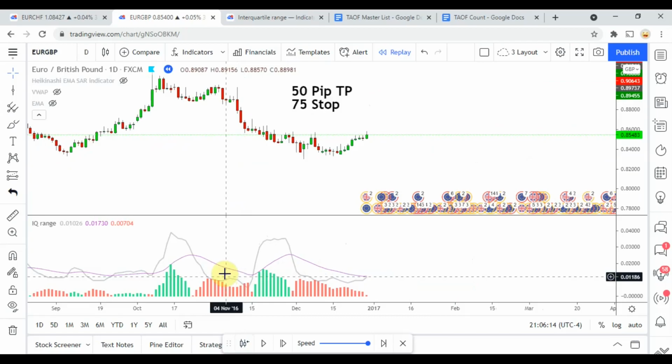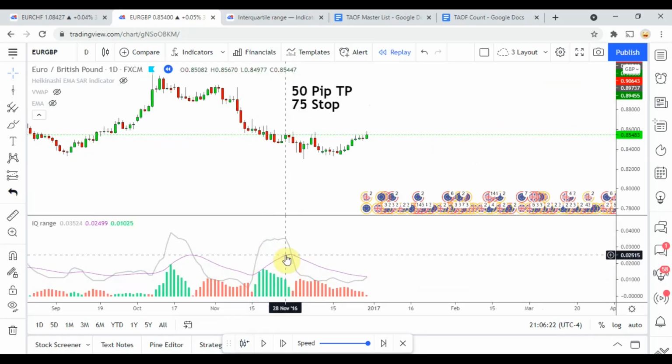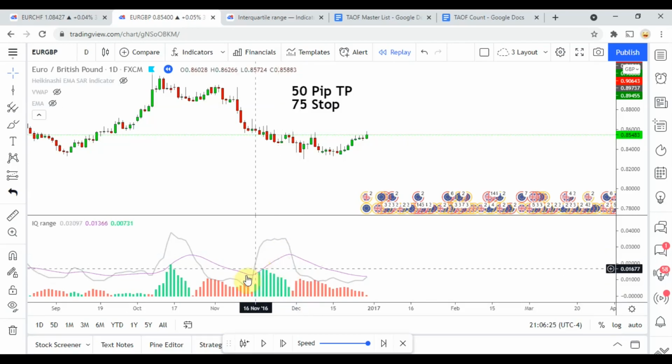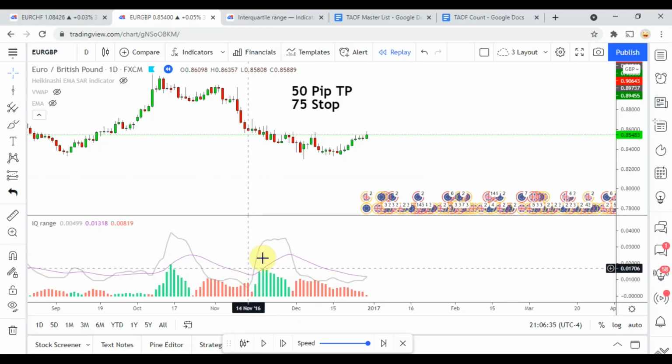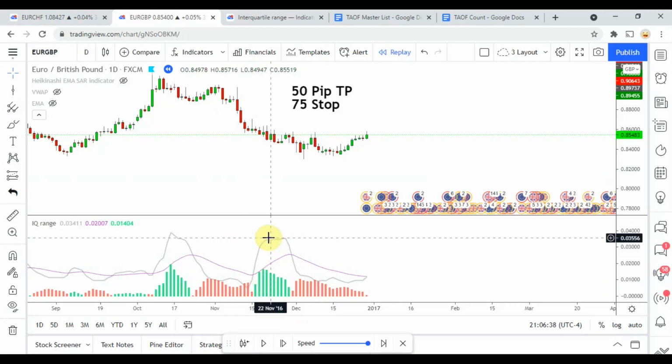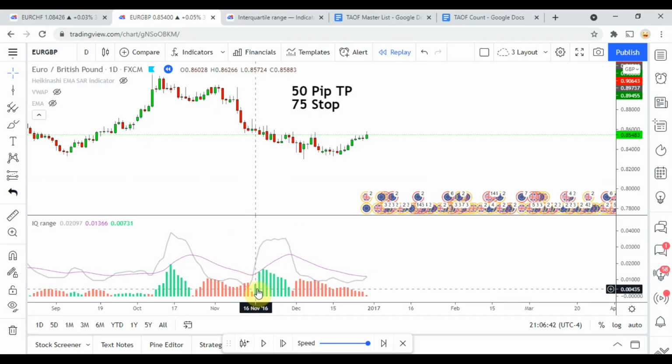Basically, we have two oscillating lines here. And as the faster of the lines crosses above or below the slower of the two lines, it produces the histogram or the bars down here at the bottom. When the faster of the two lines is above the slower line, it gives the green histogram bars here.